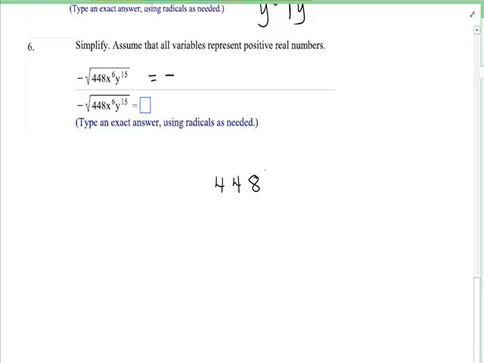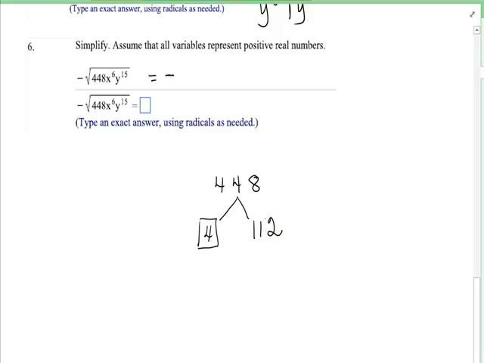448. It's not a perfect square. I don't know what the largest perfect square factor is, but since it's even, maybe 4 goes into it because that's a perfect square. And I'm going to box it, a square. 4 goes in there 112 times. That's not a perfect square.